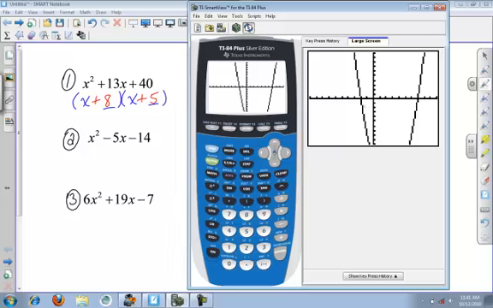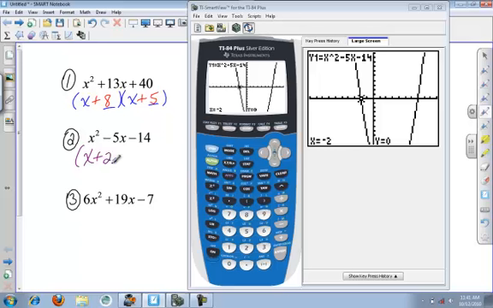It looks like we've got an x-intercept at negative 2. So I'm going to check that at x equal to negative 2. Yep. So if x is equal to negative 2, then my factor has to be x plus 2. And then the other x-intercept appears to be at 7. So if x is equal to 7, then x minus 7 would be the factor.